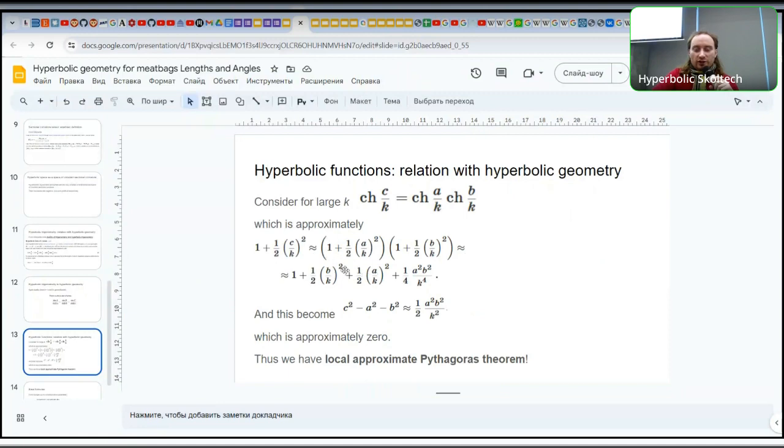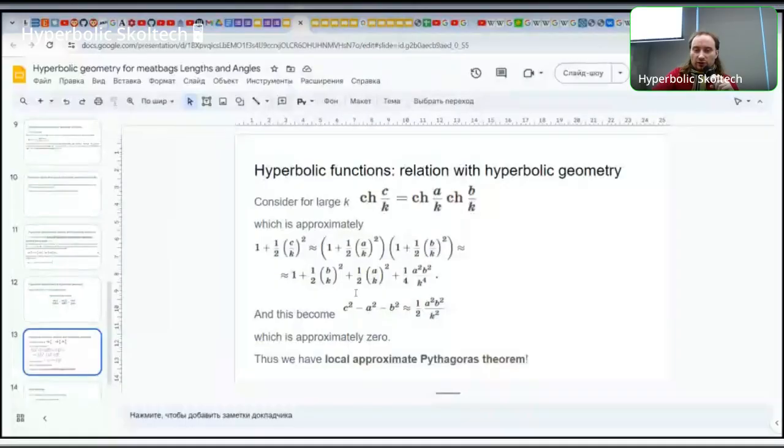So for large k, we have approximately the following equality, which says that c squared minus a squared minus b squared is nearly zero.